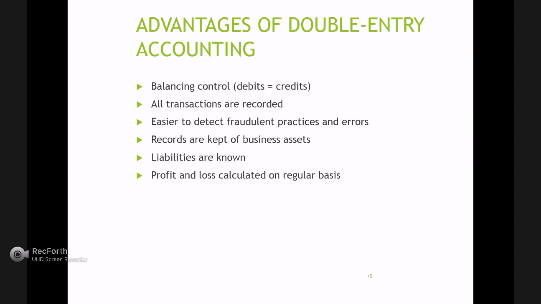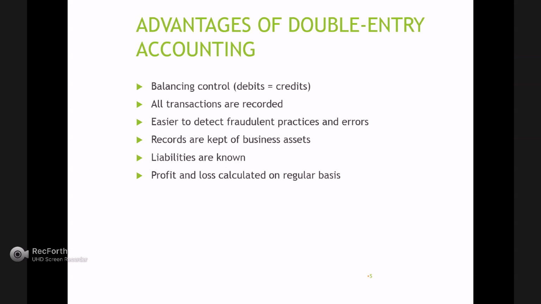So the machinery account is debited, the cash account is credited. The debit 5 million, cash 5 million. So debit is equal to credit. Like that, each and every transaction happens, so the total debit is equal to the total credit.